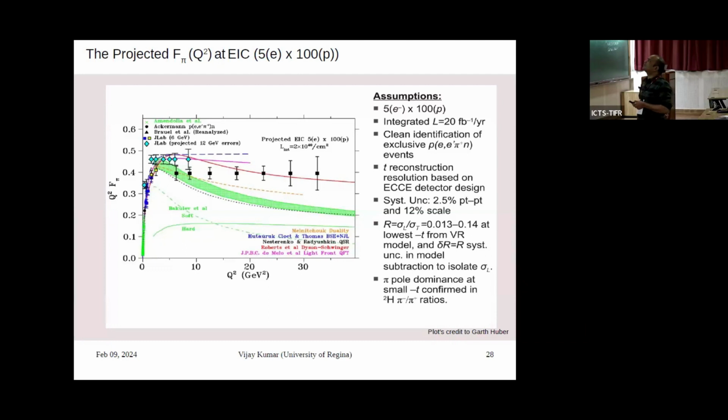So lattice certainly doesn't agree with any of those. Raju, you want to say something? So there are no lattice curves on this? No, no lattice, just for this model.